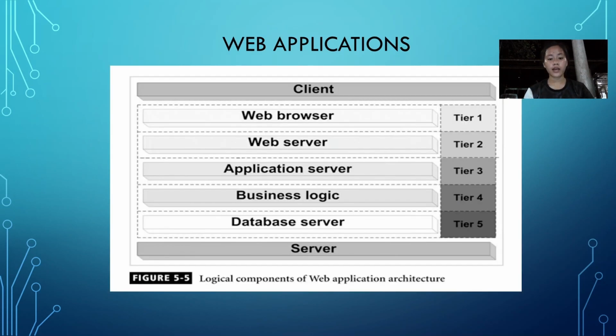So here now, this is the model of a web application. It starts with the client, web browser, web server, application server, business logic, and database server. So this model is the logical components of web application architecture.